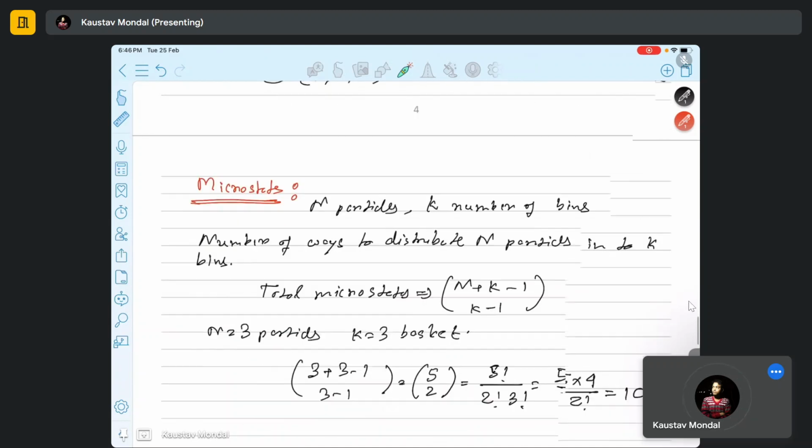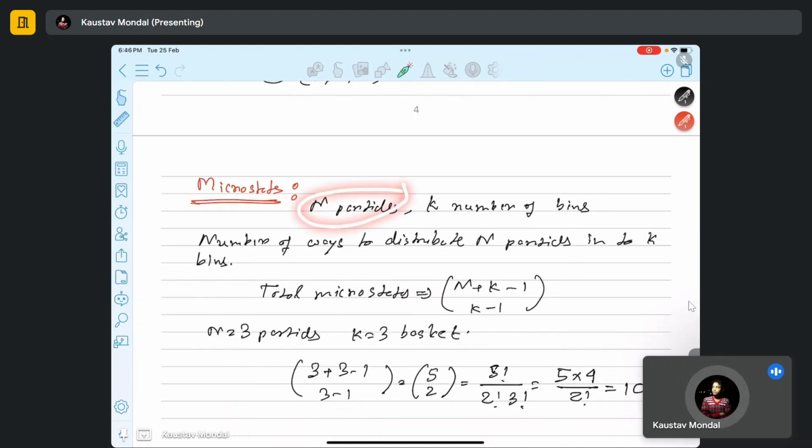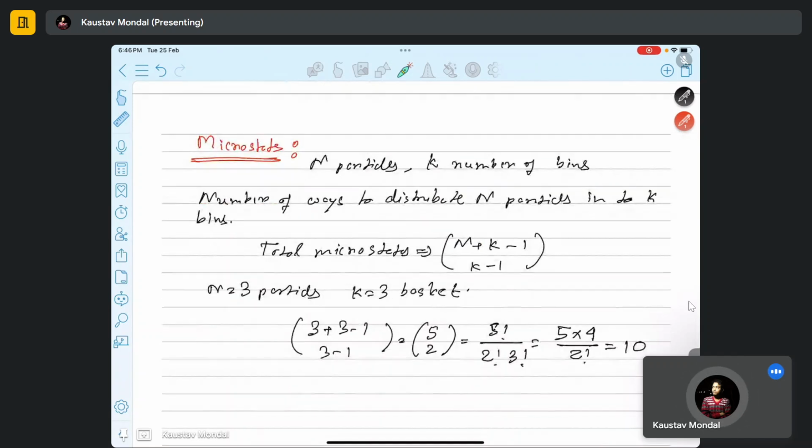In order to calculate the microstates, we will use the simple combination formula: if there are n particles and we want to distribute them in k bins, the total number of combinations is n plus k minus 1, choose k minus 1.